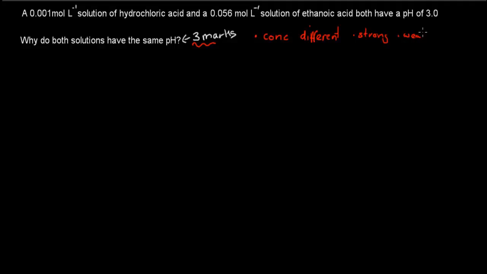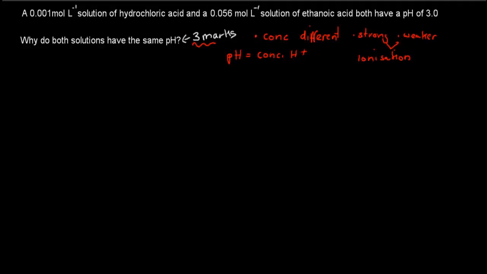You should also mention what that means to do with the ionization of molecules. And then link all of this to the pH scale, or what pH actually is, which is a measure of the concentration of hydrogen ions. So the more concentration of hydrogen ions we have, the lower our pH. So mention all that in your answer, and that will get you 3 marks.